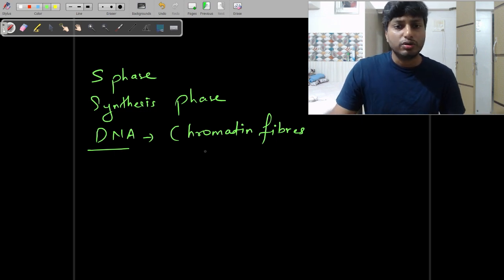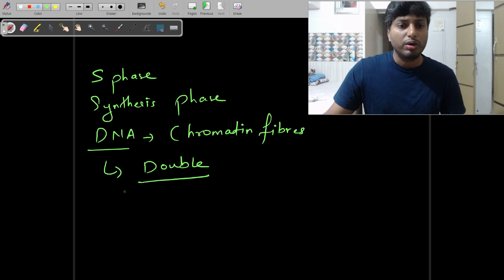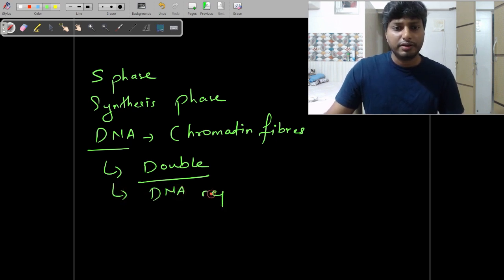These chromatin fibers are going to double in the S phase. How is it going to double? That is majorly via the process of DNA replication.